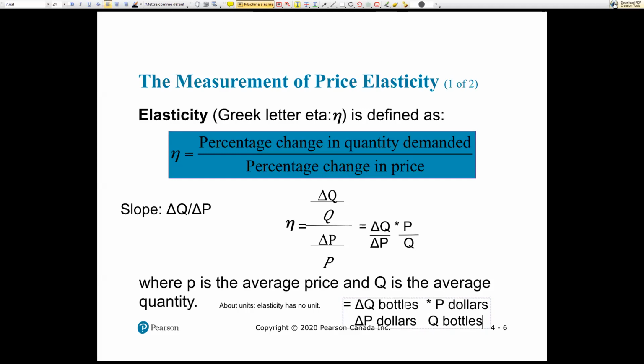So you see that bottle cancels with bottle, dollar cancels with dollar. So in the end, you get no unit at all. Don't pay attention to it if it confuses you, but it's just to show you how the units disappear. Price cancels with price, Q cancels with Q.